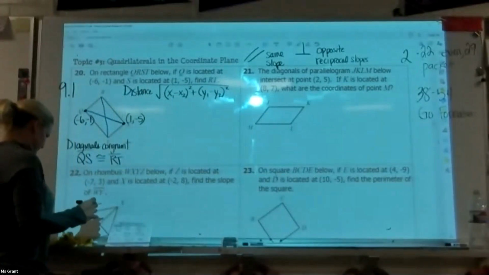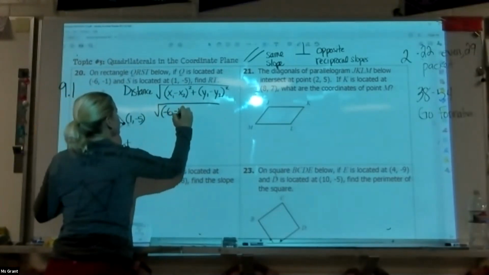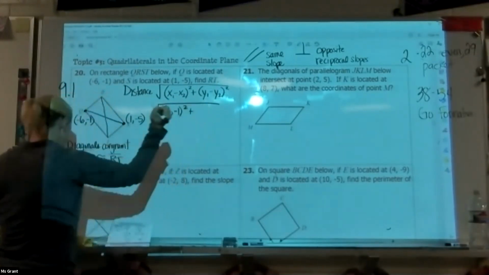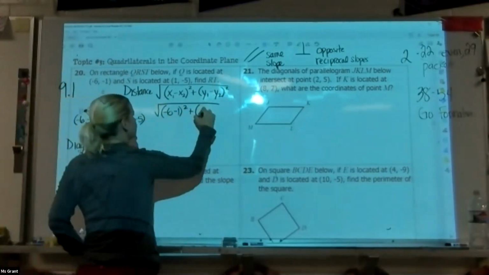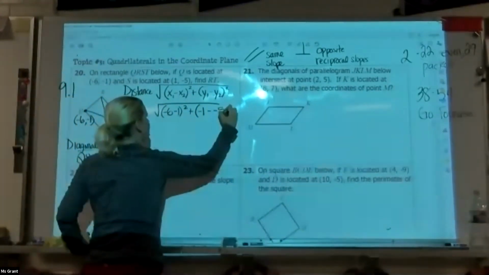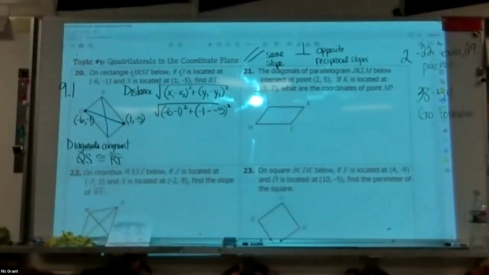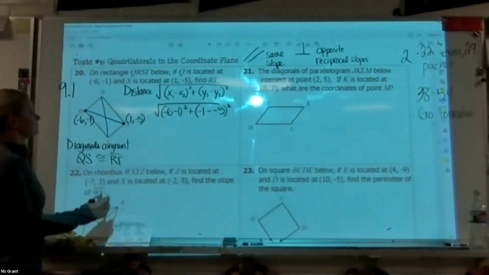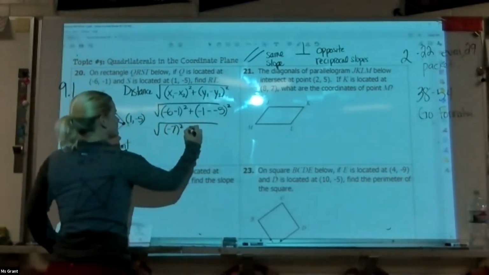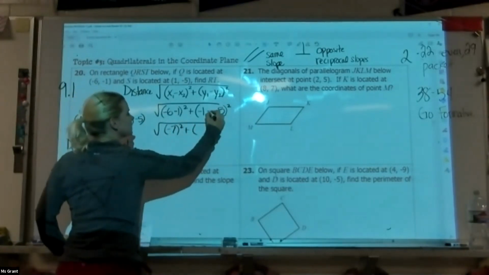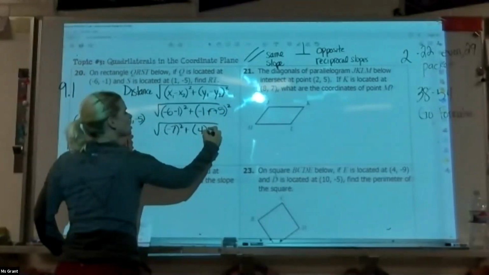So here we go. Square root of -6 minus 1 squared plus -1 minus -5 squared. Careful. -7 squared plus 4 squared.